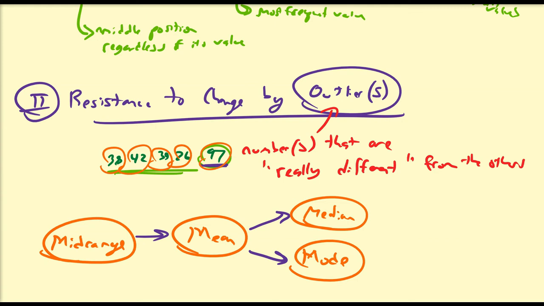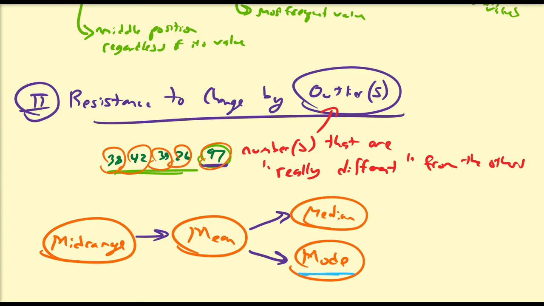So if another number is introduced and it's really different, it can't really be a mode because the mode is already a value that's most frequent in the data set. The median is not really going to change much because it's the middle position, right? So if you add one number, then the position will change at most once, right? So we'll shift over to the next number to the left or on the right, depending on where the outlier is introduced.